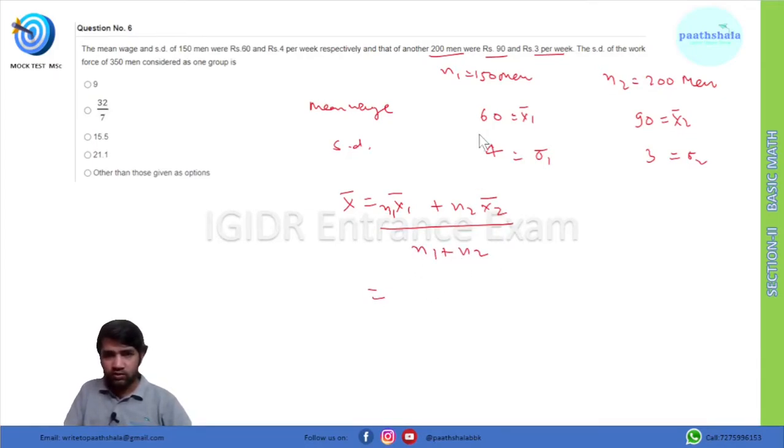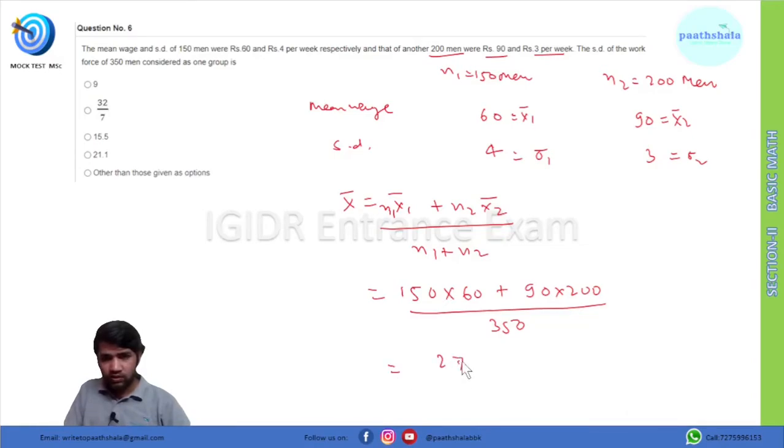So when you put the values, this will be 150 into 60 plus 90 into 200 whole divided by n1 plus n2, which is 350. When you solve it further, this will be 27,000 divided by 350. So finally this will come out to be 77.14. Okay, so for easy calculation we take this as 77.